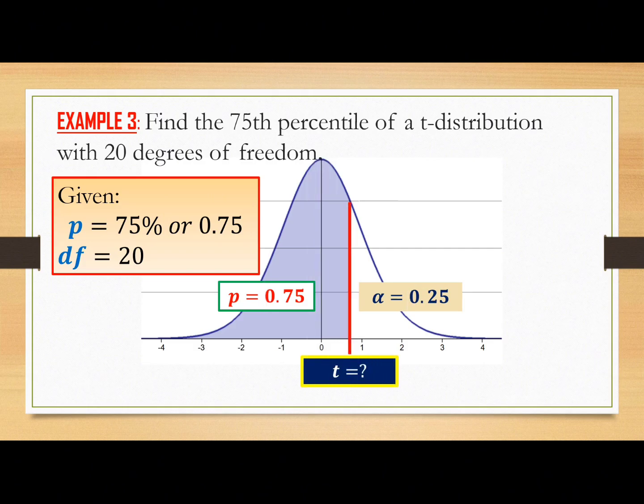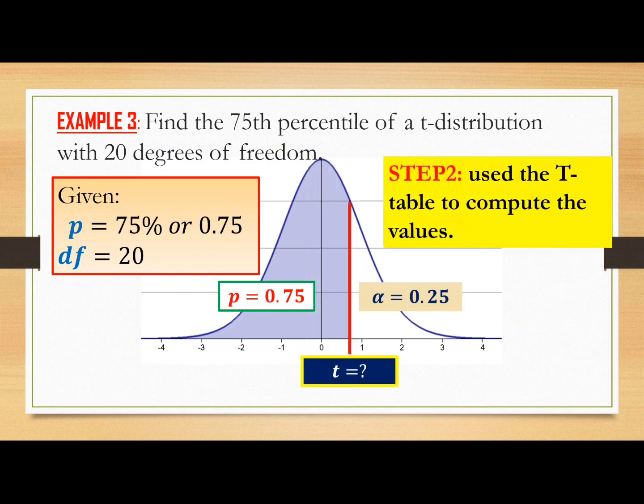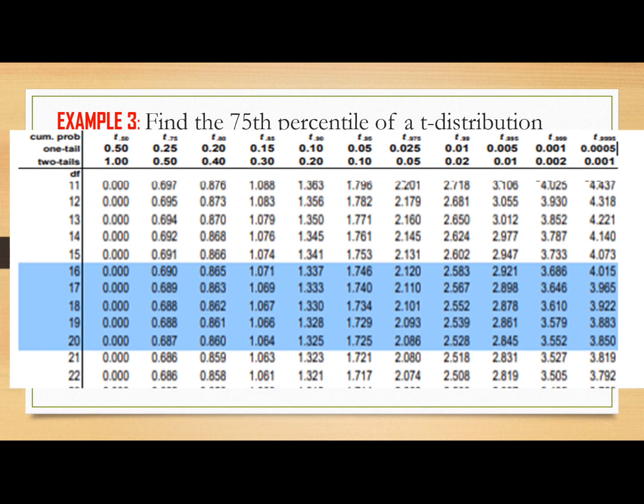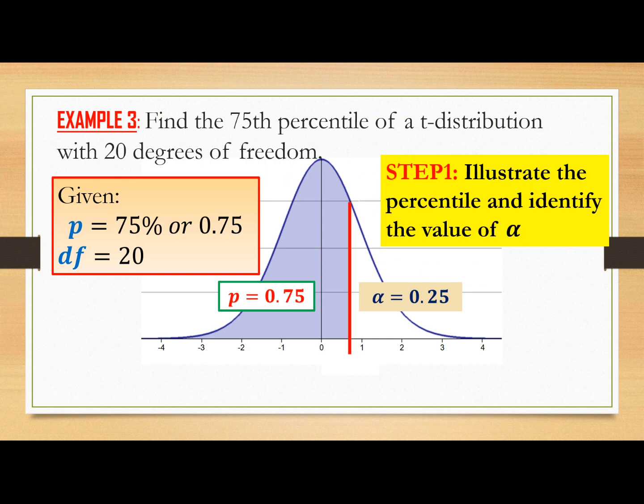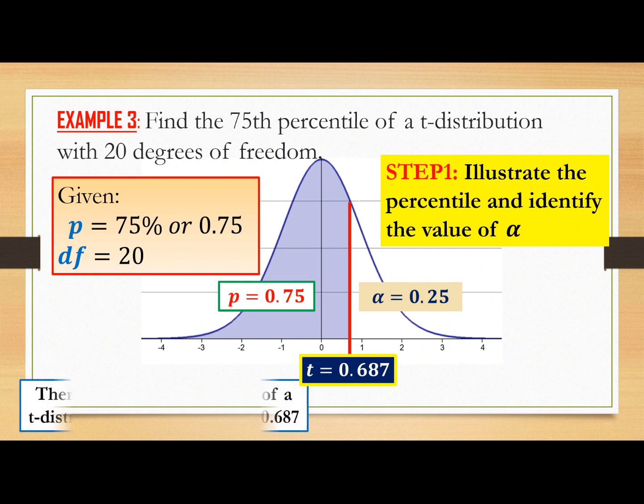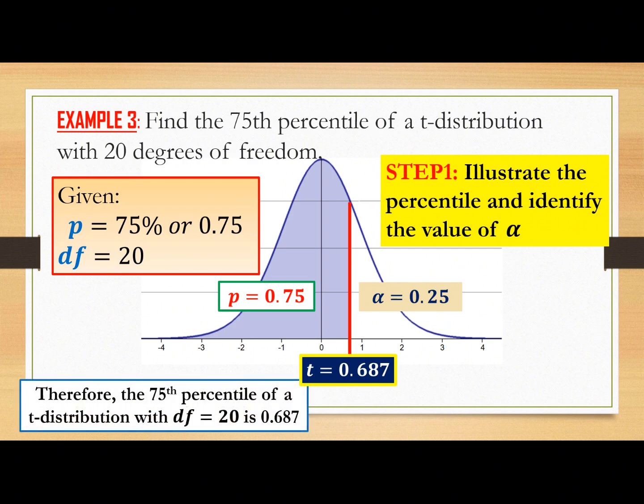Here we use our t-table to compute for the t-values. Again, we find our alpha and the degrees of freedom, and where they meet would be the t-value. After that, we illustrate the value on our curve. Therefore, the 75th percentile of a t-distribution with degrees of freedom of 20 is 0.687.